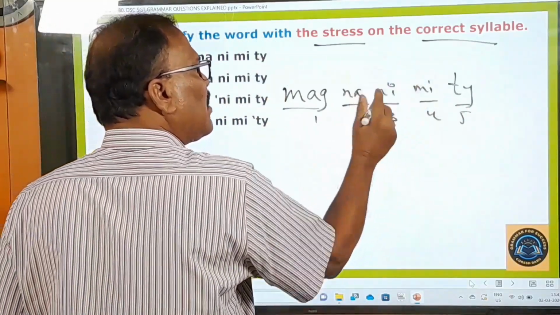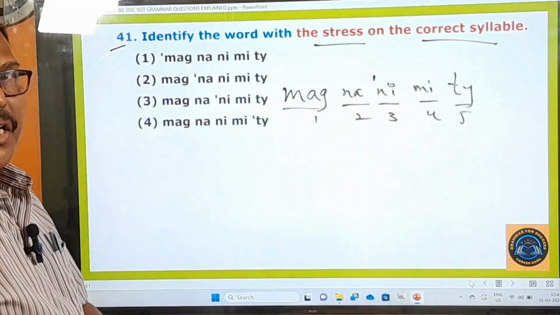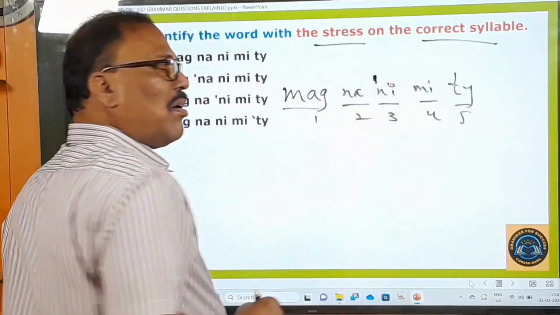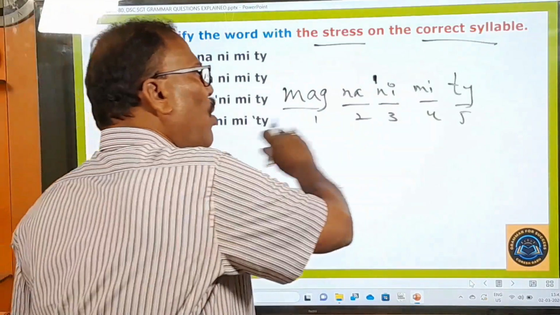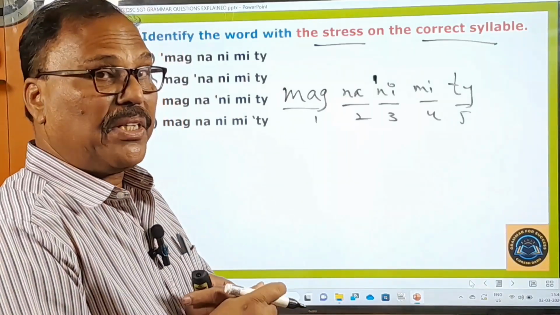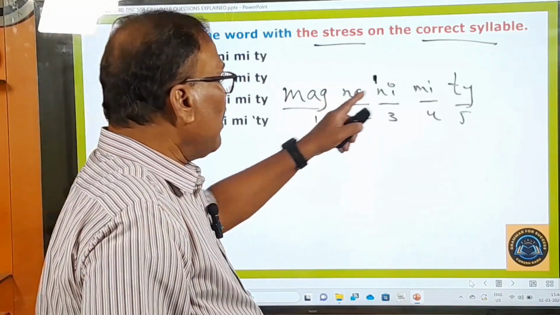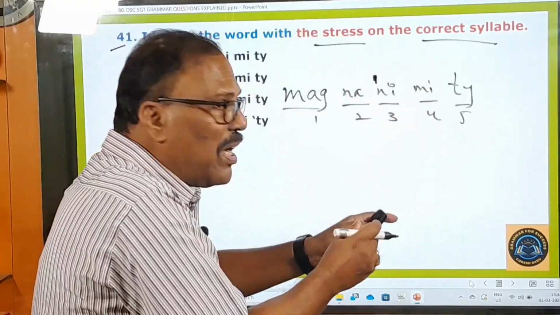And here in this word, we have to use the stress on this third syllable, magnanimity. According to the Indian pronunciation, we pronounce all the word equally without giving any stress, okay? But in the British pronunciation, they give the stress and they drag it.